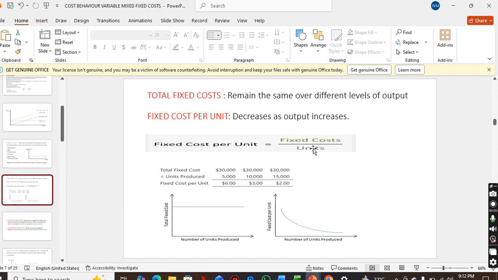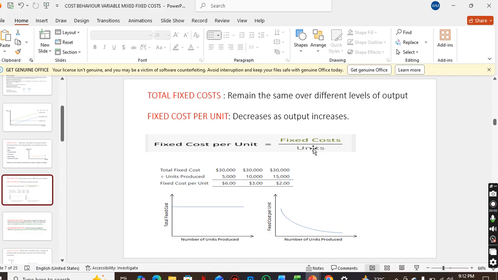Okay, so what happens is, the more that we produce, the more the fixed costs get absorbed by the units. So the more that you produce, your fixed cost per unit is also going to start dropping.